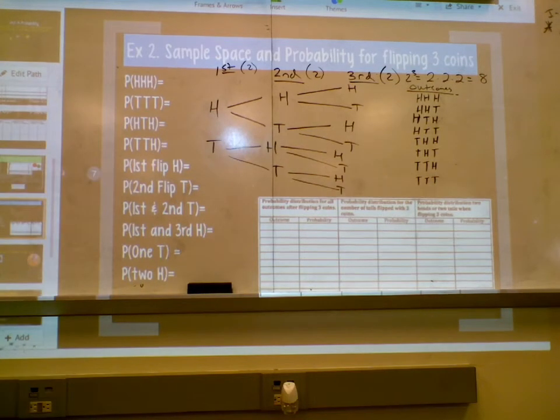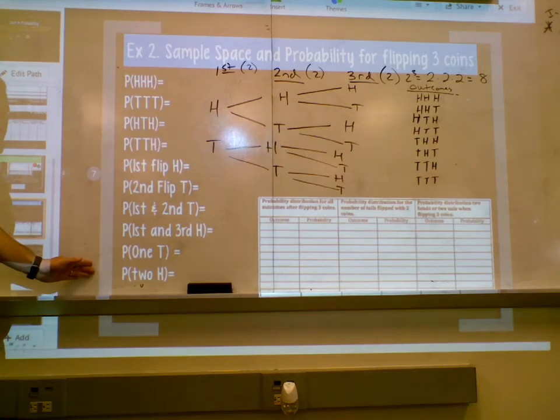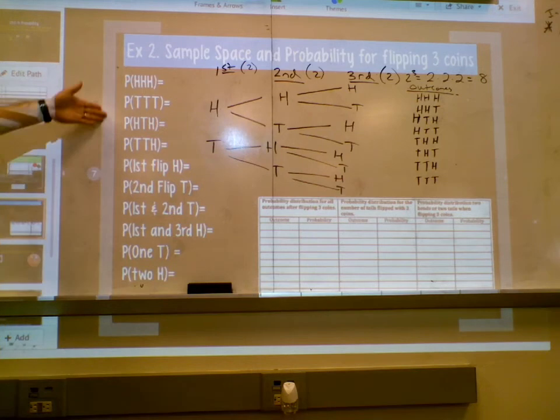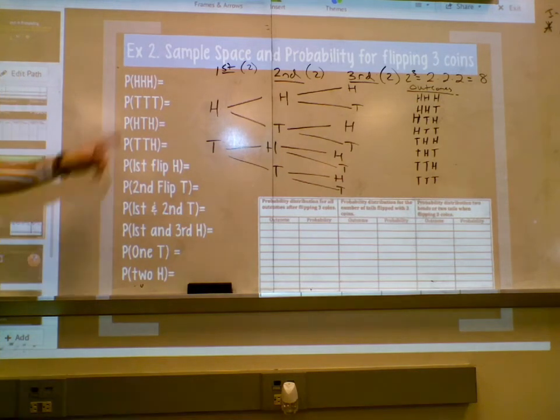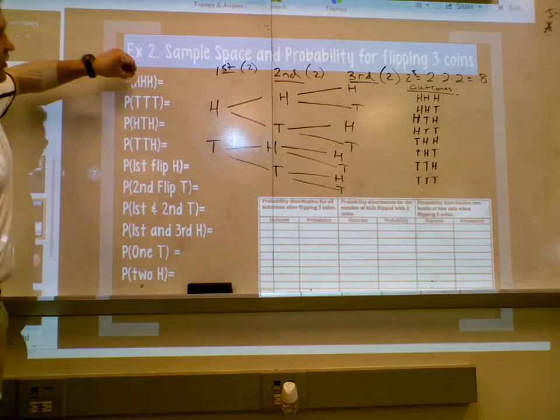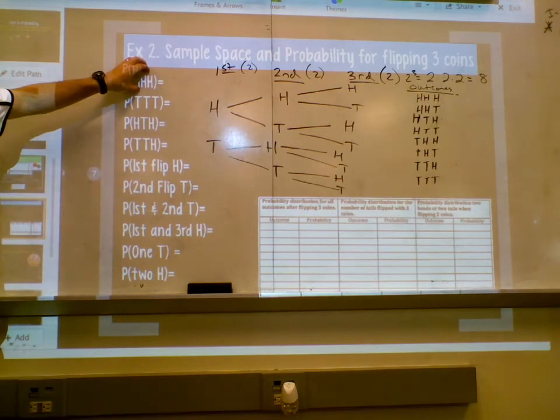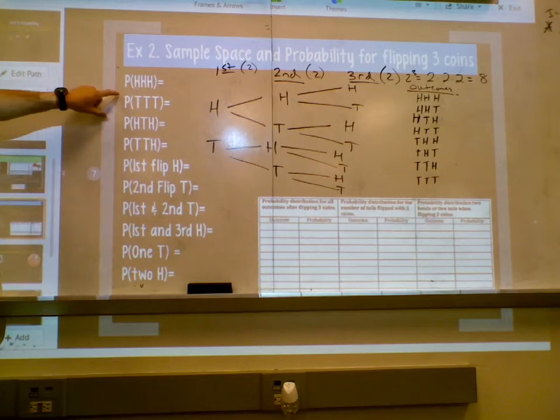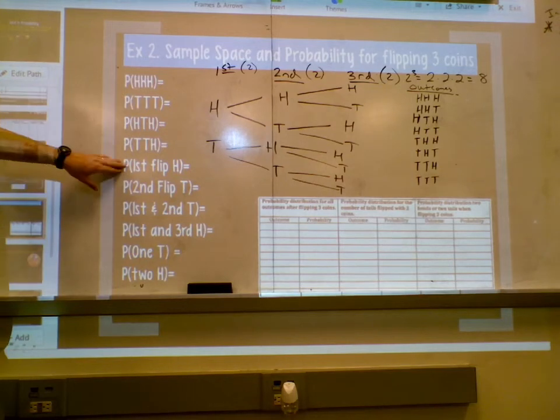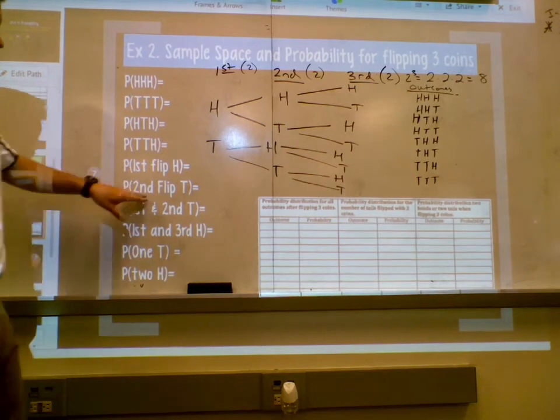Okay. Now there's a list of probabilities over here on the left side. Okay, you also have some on your paper. Right? I want you to write down the probabilities of each of these events. So the probability of flipping 3 heads. Right? The probability of 3 tails. The probability of your first flip being heads. The probability of your second flip being tails.